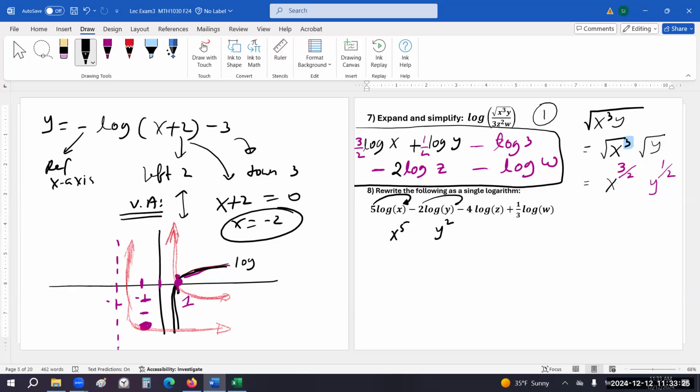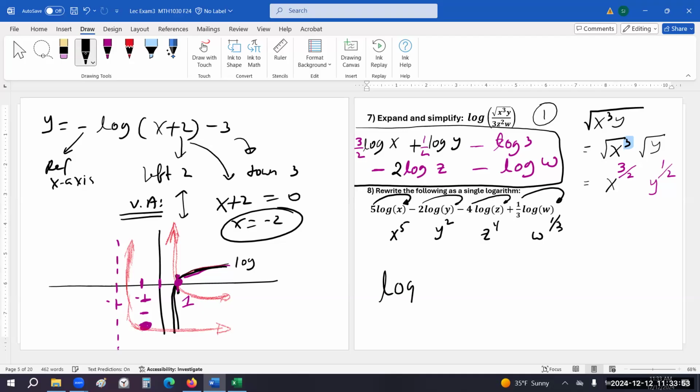No, the sign doesn't count, because the sign tells us where we're supposed to put the variable: is it on the top or on the bottom? Negative in the front means you have to put it on the denominator. Positive or no sign in the front means it should go on the numerator. So this 4 becomes z to the 4. This 1/3 becomes w to the 1/3. And if you want to put cube root of w, it's fine.